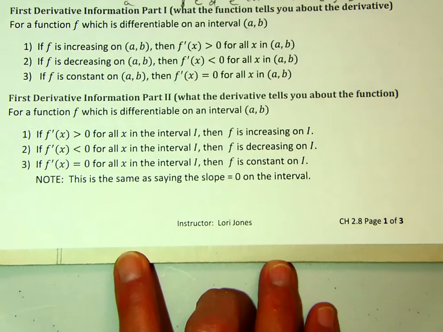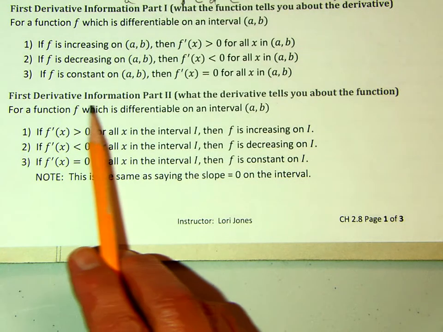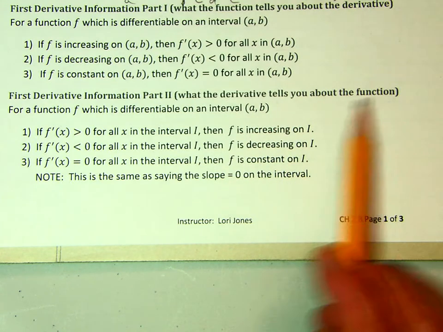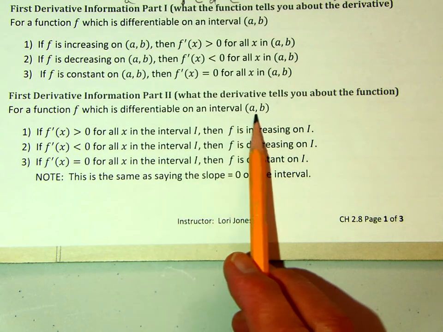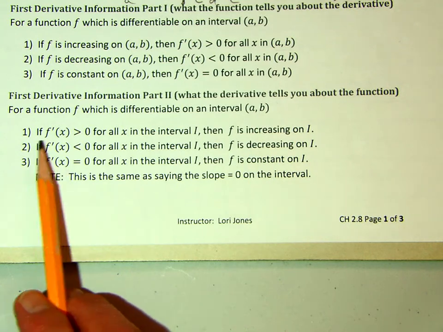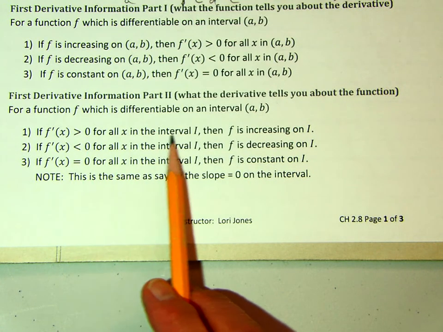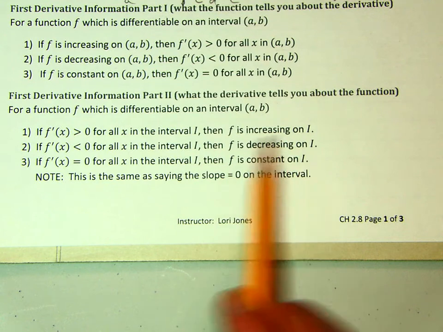Now the converse is also true. First derivative information, part 2, what the derivative tells you about the function. For a function f, which is differentiable on an interval from a to b, if the first derivative is positive for all x in the interval, then the function is increasing on that interval.